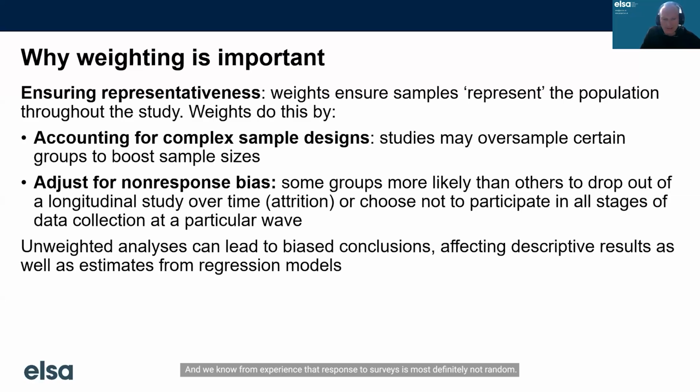And we know from experience that response to surveys is most definitely not random. So briefly, unweighted data could be unrepresentative data, and so unweighted analyses can lead to biased conclusions affecting both descriptive results as well as estimates from regression models.